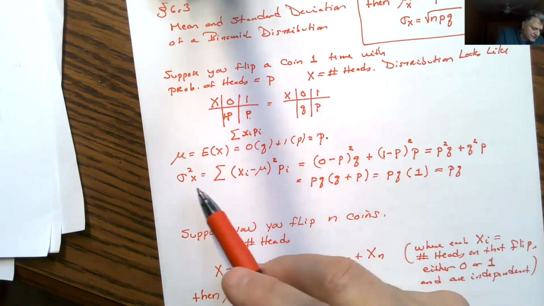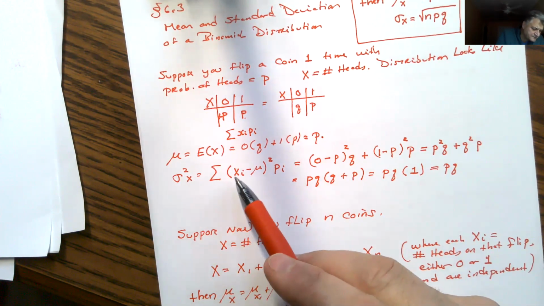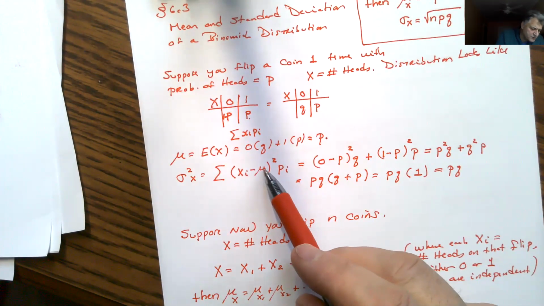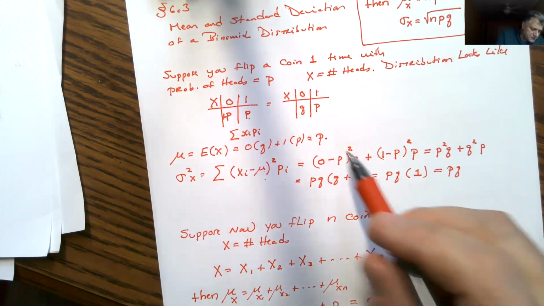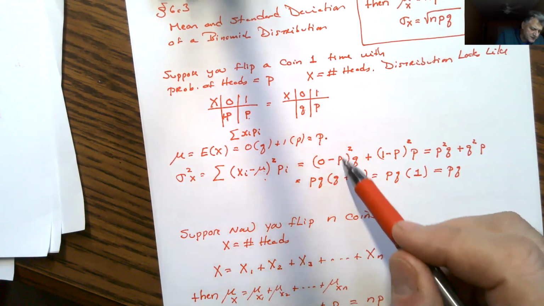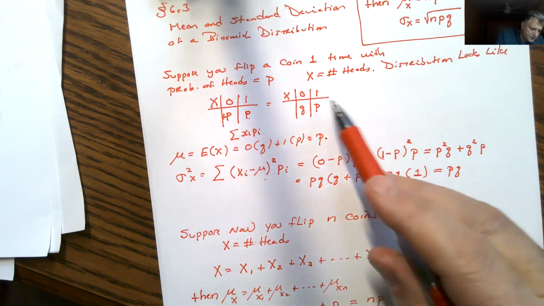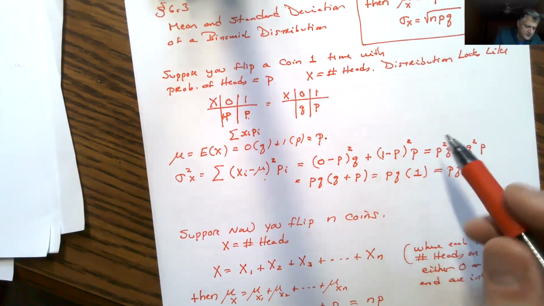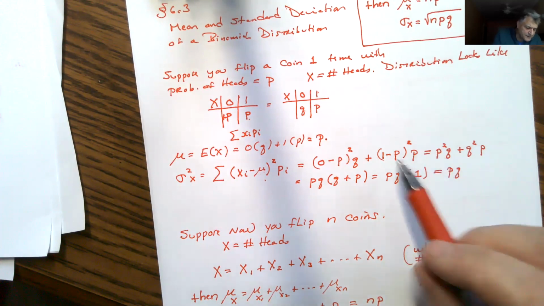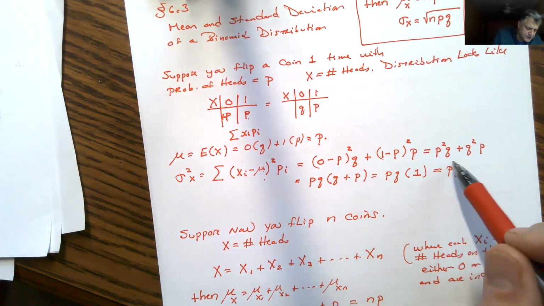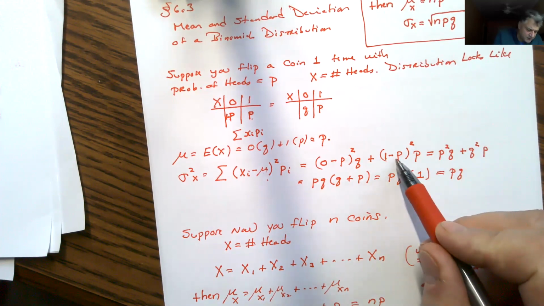Okay. Sigma squared, here's the formula we had for sigma squared. Notice the mu we got was p. So we got 0 minus p squared times the probability, which is q, plus 1 minus p squared times the probability, which is p. So that equals p squared q plus 1 minus p is q.